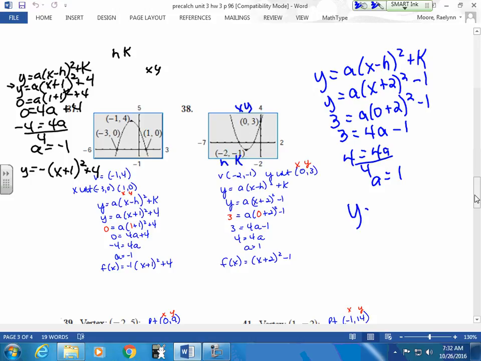Just plug it back into your equation. Now, one nice thing you could do to check this, put this in your y1 and see, are those 2 points in your table? And it tells you if you have the right equation. Learn to use your calculator as a good checking point. Works out really well. If I graph this, these 2 points have to appear in my table. Otherwise, I did something wrong.